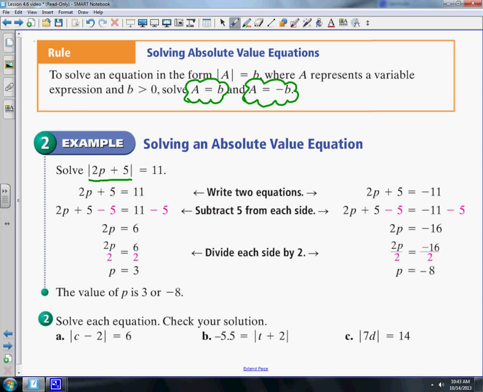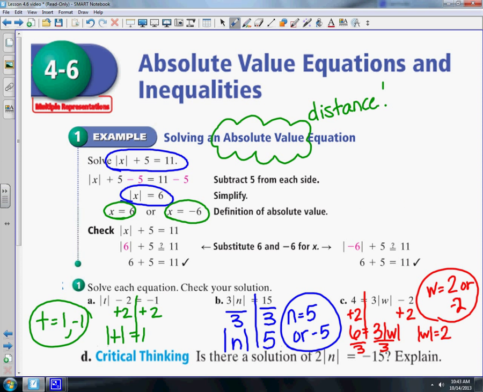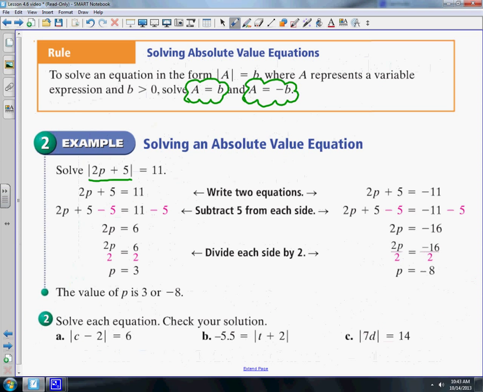It has more inside the absolute value marks, where these ones back here only had one thing inside the absolute value, like the n or the t or the w. This one, however, has 2 things inside, so you have to do more of a solving process. So if you look at what happened, they minus 5, and they got p equals 3. So let's check that. 2 times 3 is 6, plus 5 is 11, so that works.